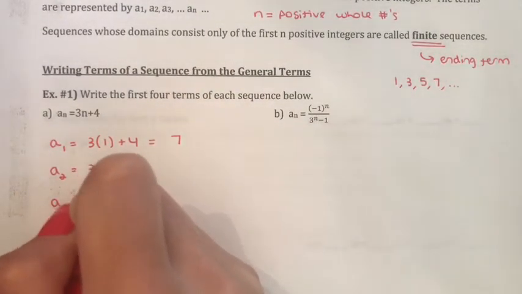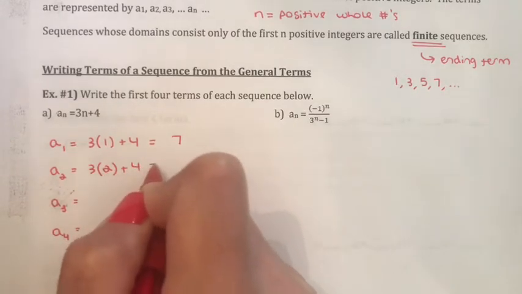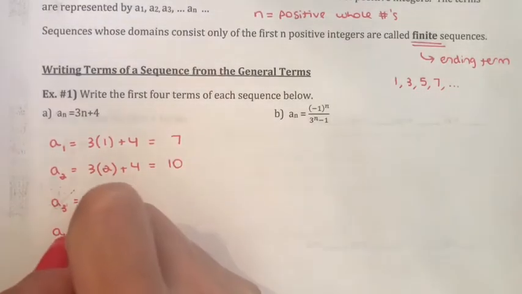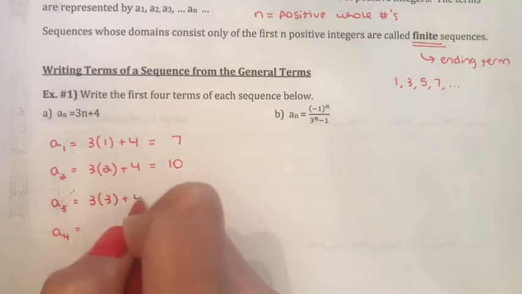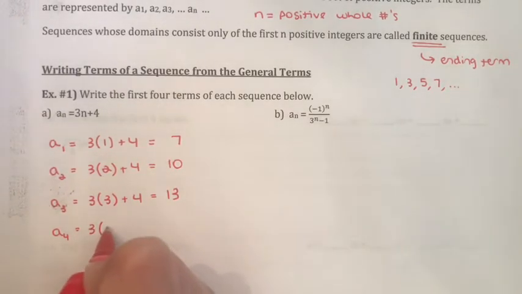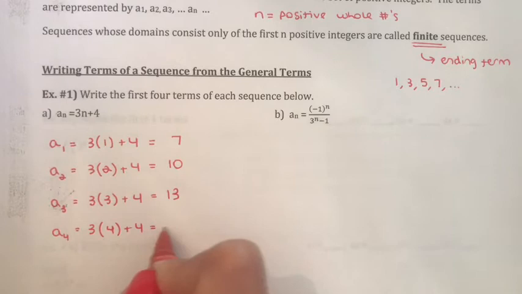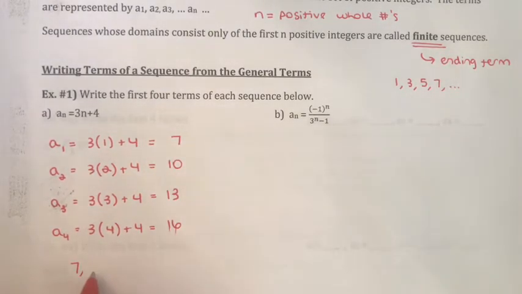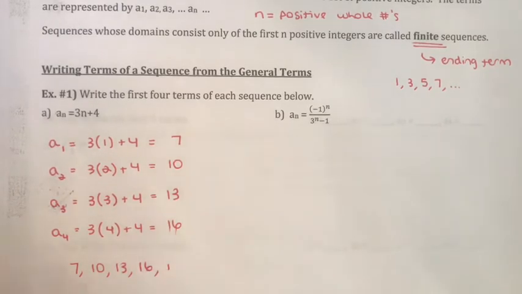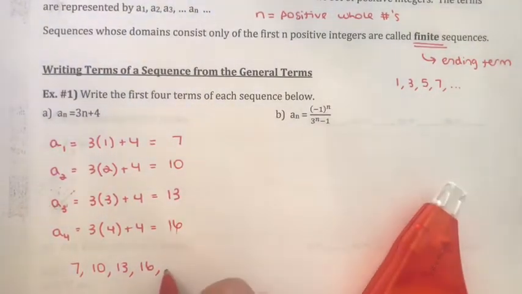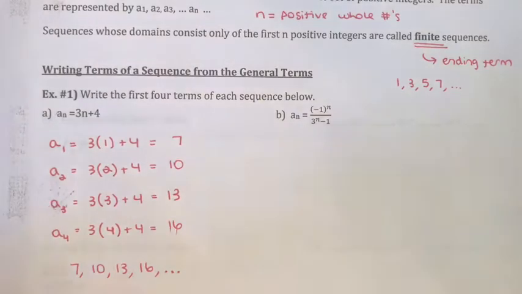Here I'll have 3 times 2 plus 4, which is 10. 3 times 3 plus 4, and 3 times 4 plus 4, which tells us that the first 4 terms of our sequence are 7, 10, 13, 16, and it could continue on forever.